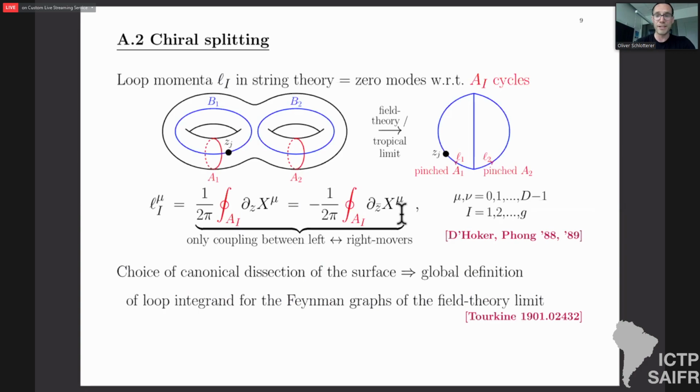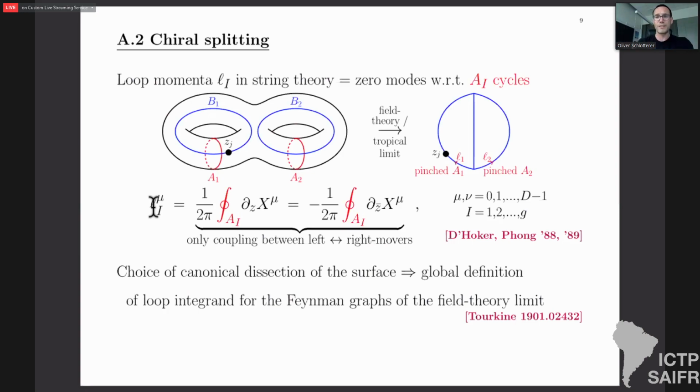But starting from one loop, there is naively a coupling of the left and right movers. Namely, they share a zero mode, which you can interpret as a loop momentum. Literally, the loop momentum in a Feynman graph if you take the alpha prime to zero limit. So that loop momentum is the only obstruction to having a factorizing correlator at, say, genus 1 and 2. And let's get rid of this obstruction.